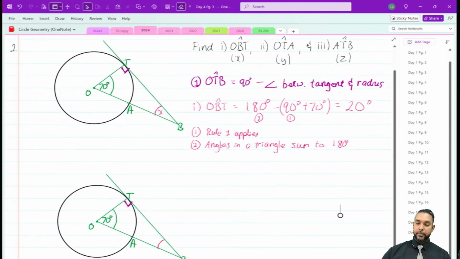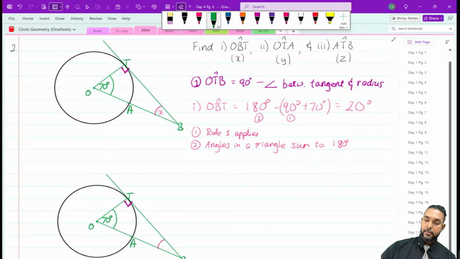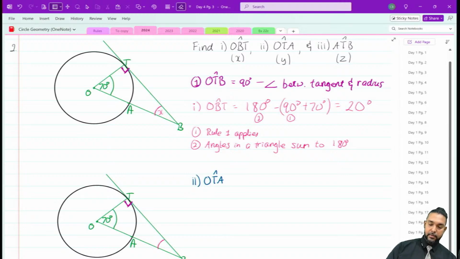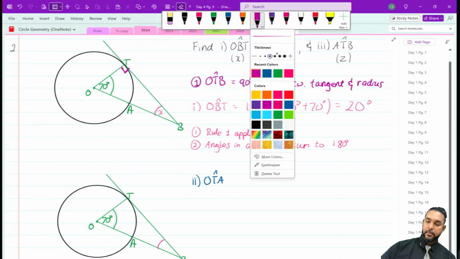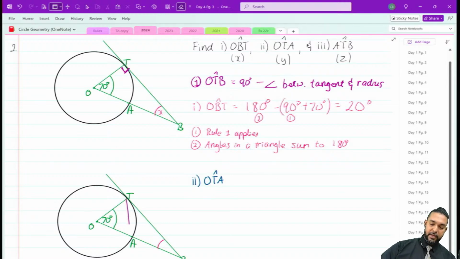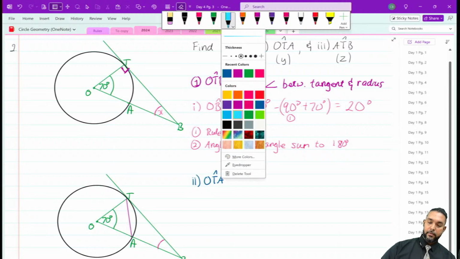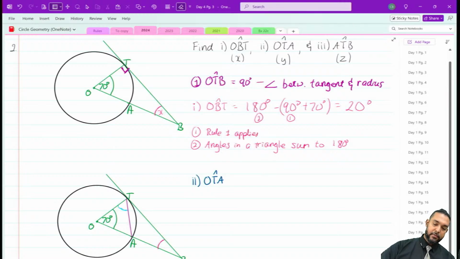All right, now we want OTA. OTA, let's see if you have that now. So OTA will require that a line be drawn from T to A. And OTA, hold on, yeah, OTA would be this angle here.